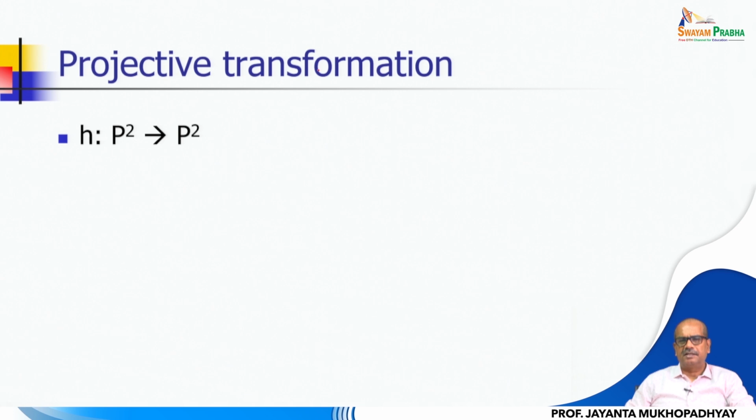As I mentioned, it's a transformation, which means it's a mapping from an element in a two-dimensional projective space to another two-dimensional projective space. In this case, the two-dimensional projective space has been denoted by P², and the other two-dimensional projective space is also P² with the same notation. A projective transformation should be invertible.